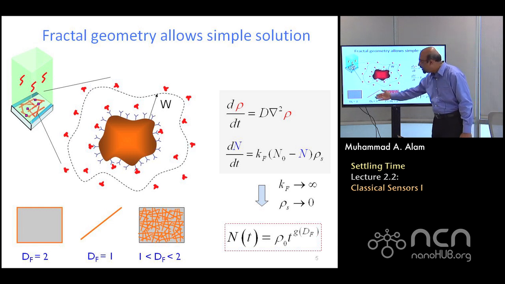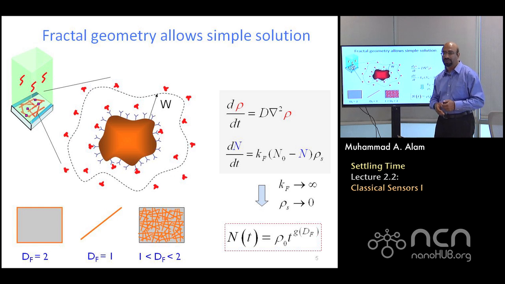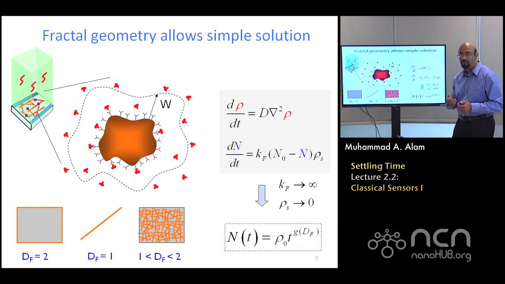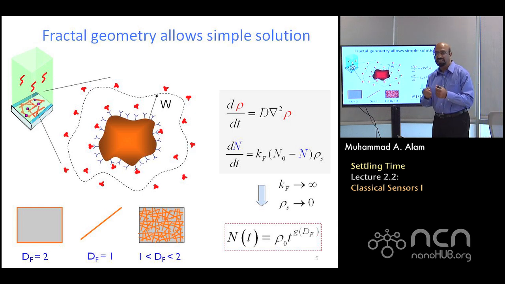And you may recall that the fractal dimensions are defined by the shape of the surface rather than the surface to volume ratio, for example. Now, this simplification, or this beautifully elegant result, is only strictly true if the sensor can capture all the molecules that it comes in contact with.